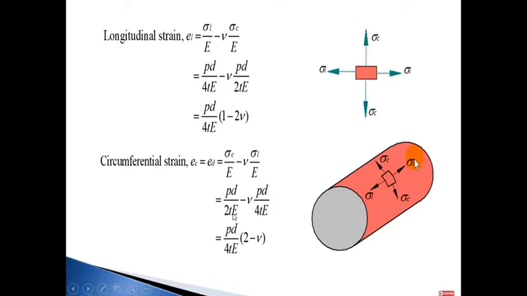What will we get? PD divided by 2TE minus V into PD divided by 4TE. Taking the common terms outside, PD divided by 4TE, what will we get? (2 minus V).